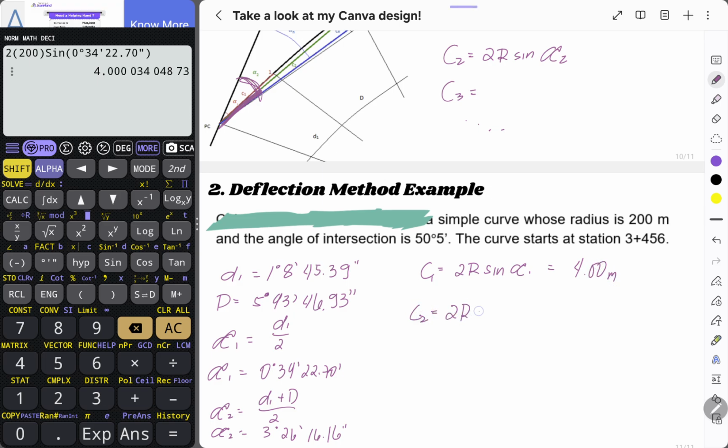C2, 2R sine alpha 2, which is, yung alpha 2 natin ay 3, 26, 16.16. So, 23.99 meters. And so on and so forth. So, yan.